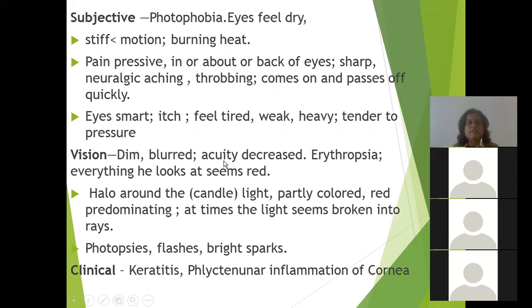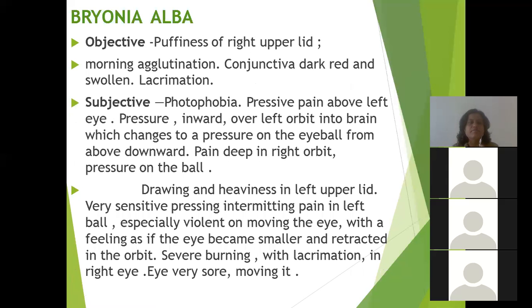Vision is blurred, dim, acuity decreases. There is erythropsia, and everything he looks at appears red. Halo around the candlelight, partly colored and red predominating, at times the lights seem broken into rays. There is photopsia, flashes, and bright sparks. Clinically, it is useful in keratitis and follicular inflammation of the cornea.